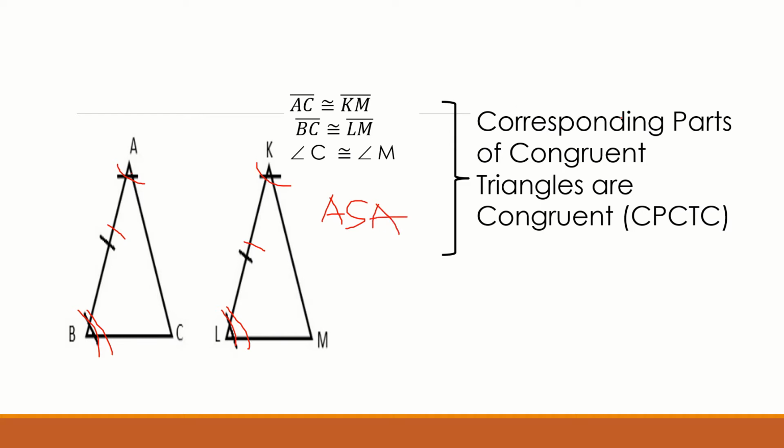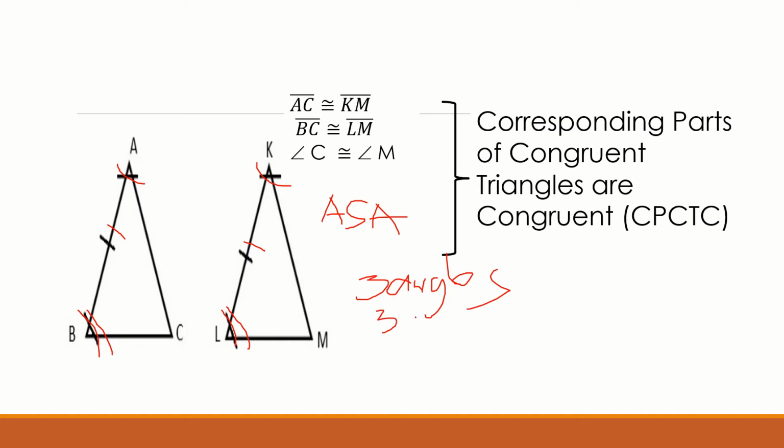And according to CPCTC, corresponding parts of congruent triangles are congruent. Meron tayong six corresponding parts. Of course, meron tayong three angles sa triangle and three sides.